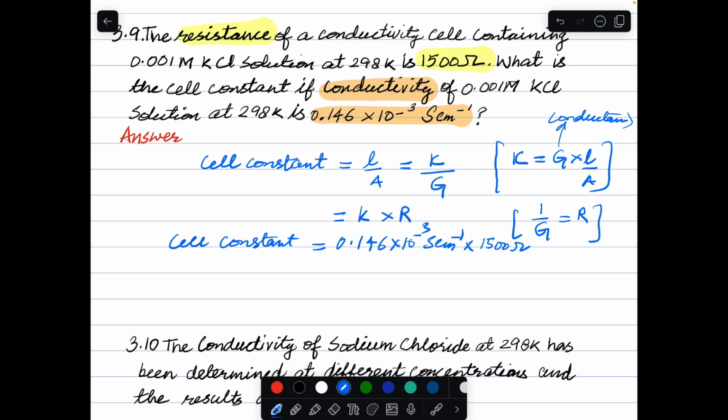Okay, we will multiply this and we will be getting the value of cell constant as 0.219 per centimeter. Always remember that Siemens is nothing but per ohm. So accordingly you will be finding out the final units for the answer. So cell constant is basically this value.